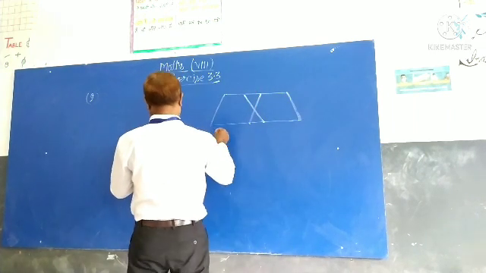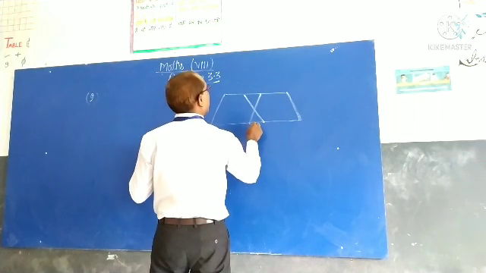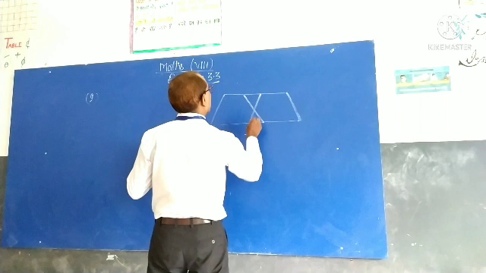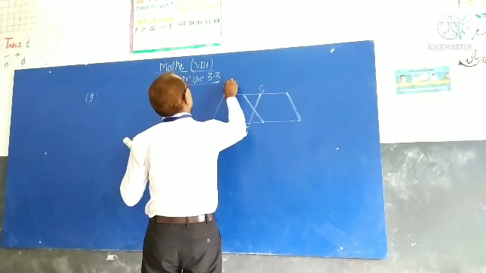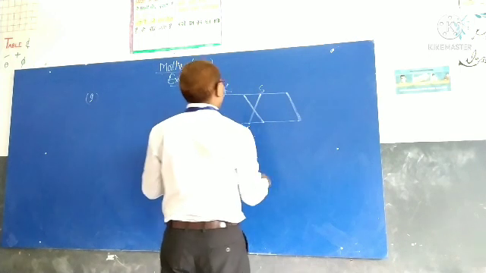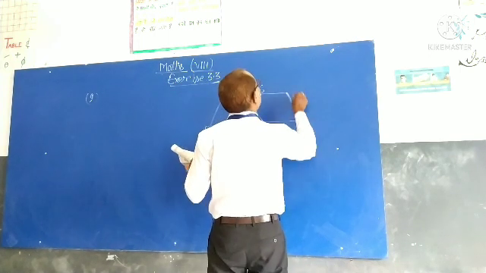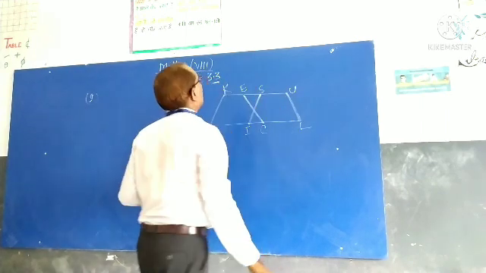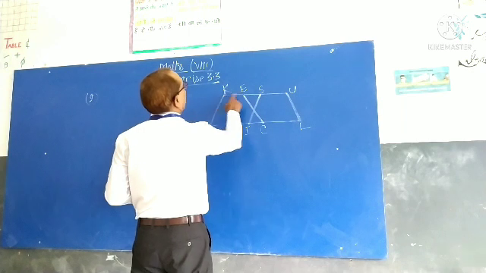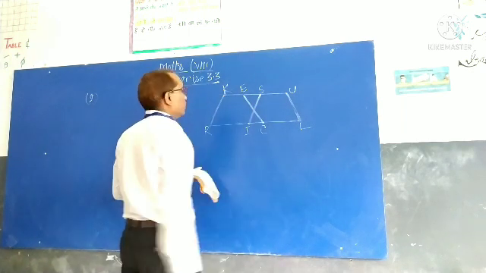Here is R I S K, risk, and here is C L U E, clue. These are two parallelograms, risk and this is clue.